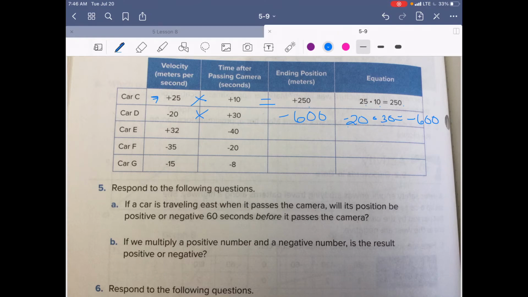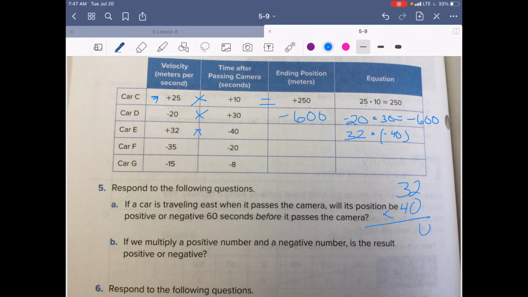Let's try car E. So we have positive 32 meters per second for negative 40 seconds. So we're going to want to do 32 times negative 40. All right, so we're going to have to do some multiplication. 32 times 40.